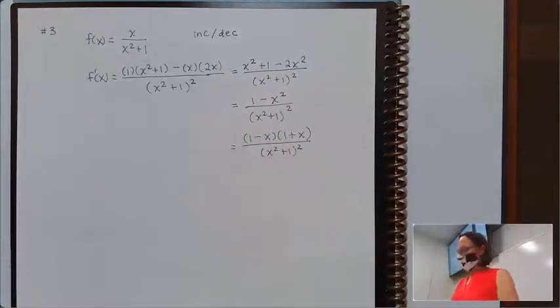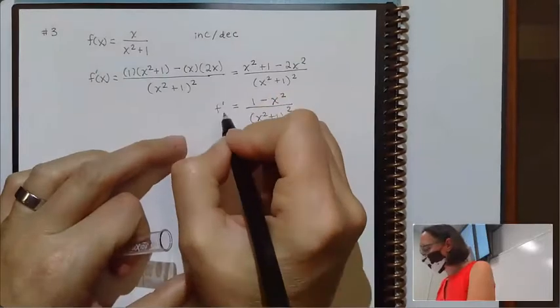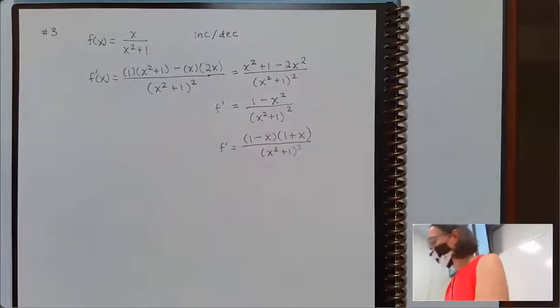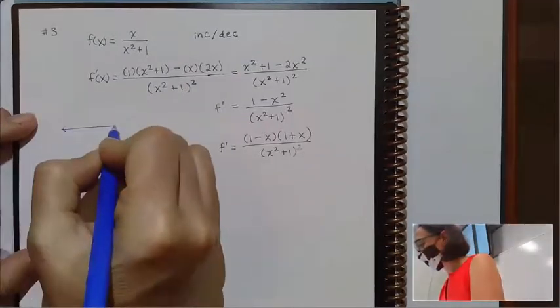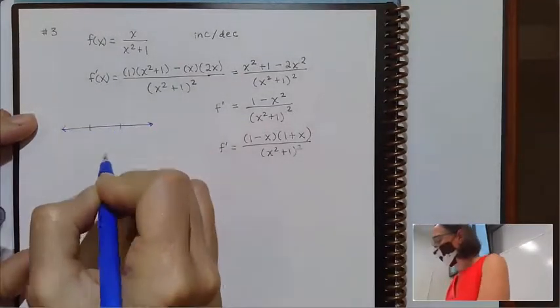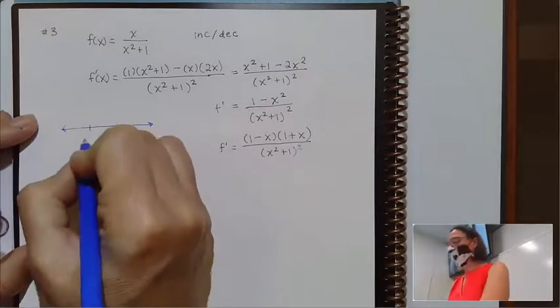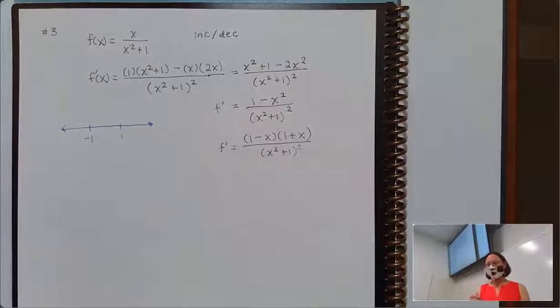So I'm just going to write this as f prime. If I went to get my number line going here, I'm looking for anything that makes the derivative equal to 0. So in this case, 1 and -1, and anything that makes it undefined.